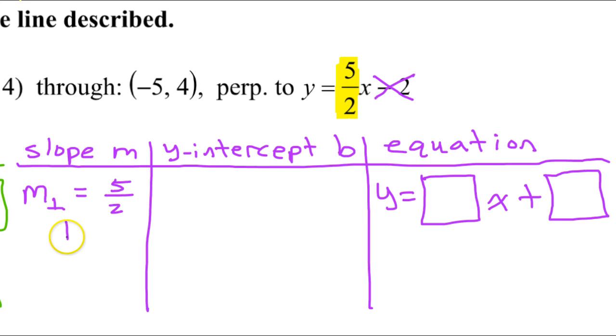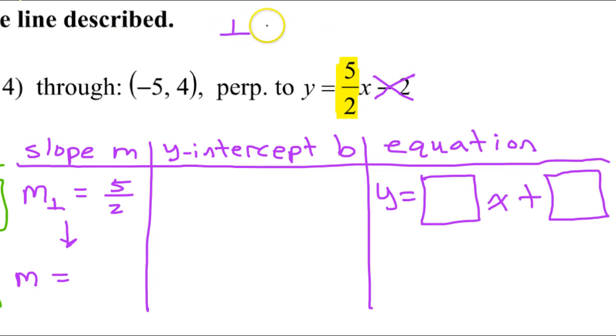Now, how can I use that to get the slope of the line that I'm trying to find? The actual slope of the line is going to be opposite and reciprocal to this. Okay? So maybe I should write that down. 2 words. All right?